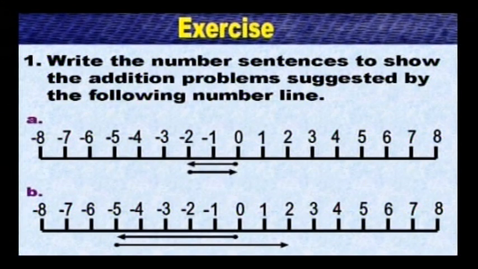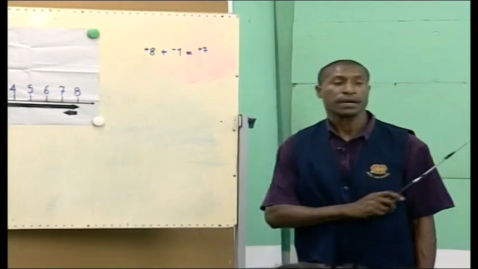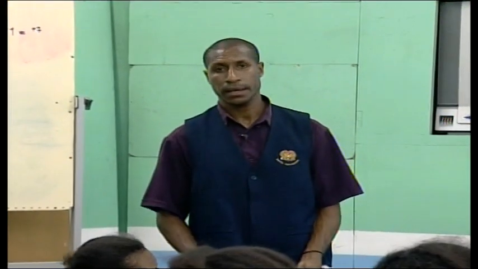So I have 2 exercises for you, A and B. This is an example of a number sentence. So you should be writing something like this for exercise 1A and B.